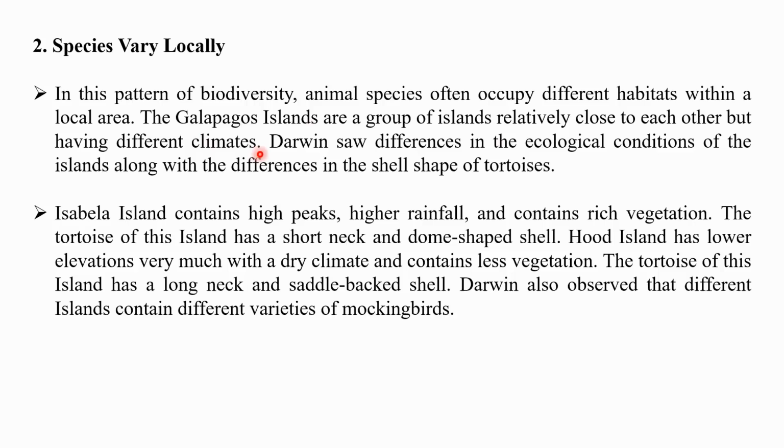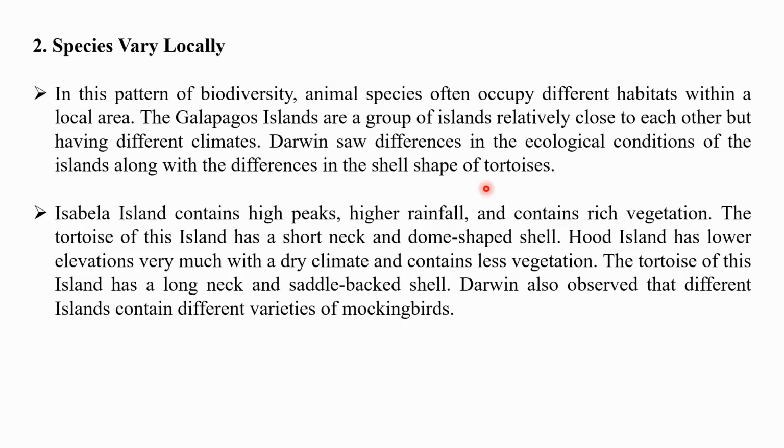Darwin observed the differences in the ecological conditions of the islands along with the differences in the shell shape of the tortoises. Basically, he tried to relate the ecological conditions with the morphological features of the tortoises present on these islands.